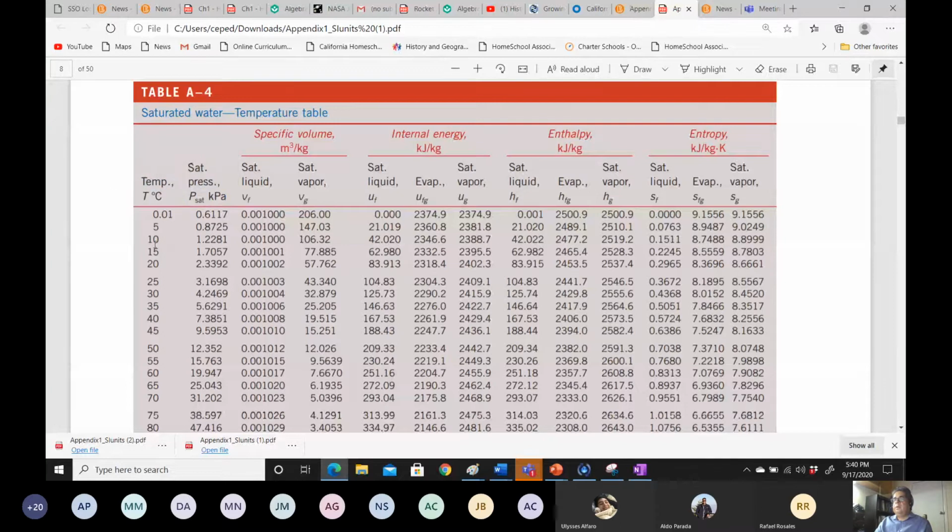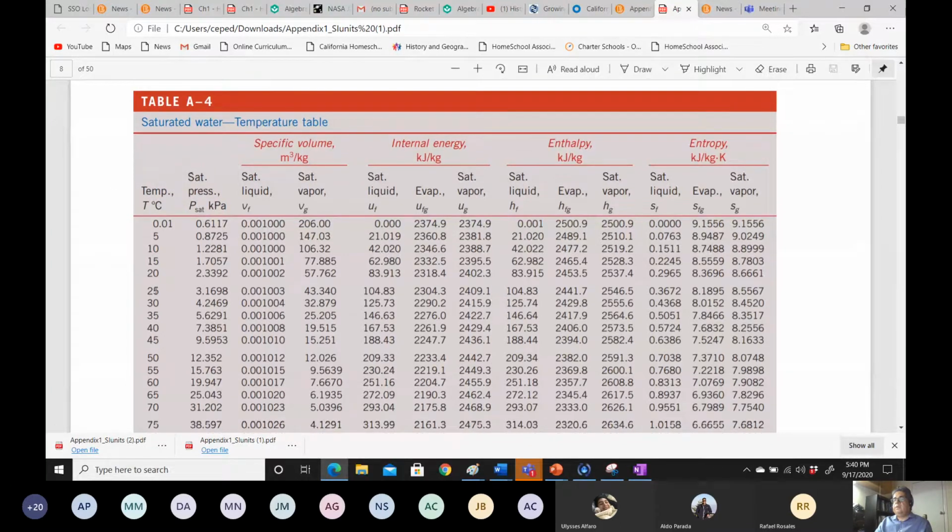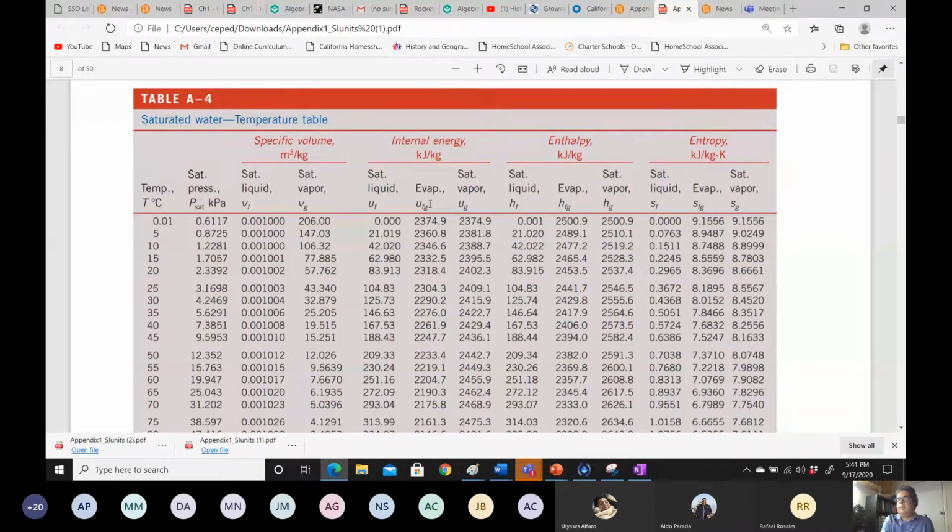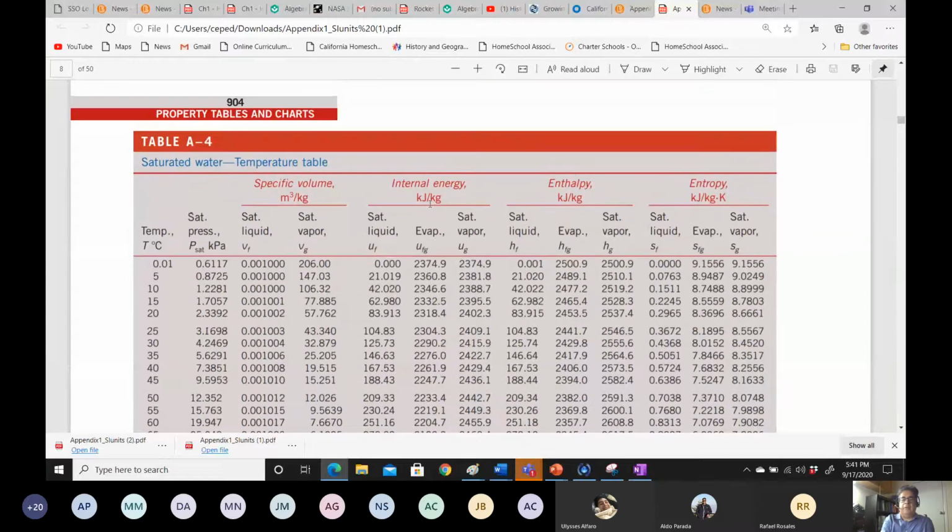For every unique temperature, for example, 25 degrees C, water will boil at 3.1698 kPa. Sorry, it's kilopascal. So we know that this only applies for saturation. It only applies when you're boiling water and you haven't boiled it all the way yet.